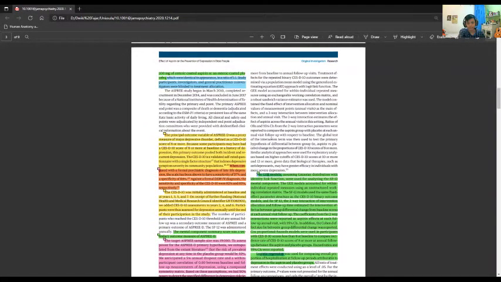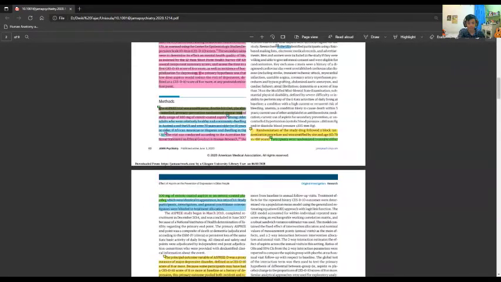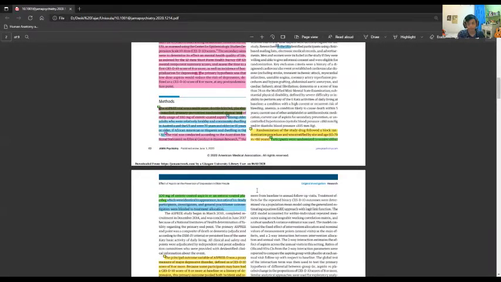items, the randomization items. It is called 8A and 8B, the sequence generation. So 8A is the method used to generate the random allocations. But as you can see here, we cannot find any method to generate the random allocation sequence, because there is only this paragraph that talks about randomization, right?